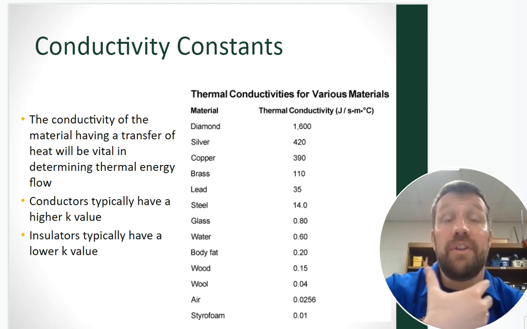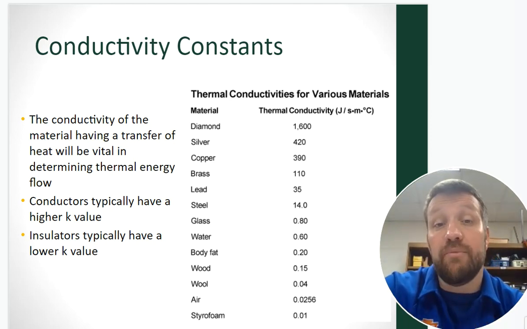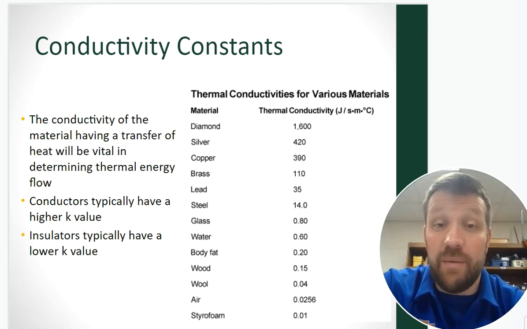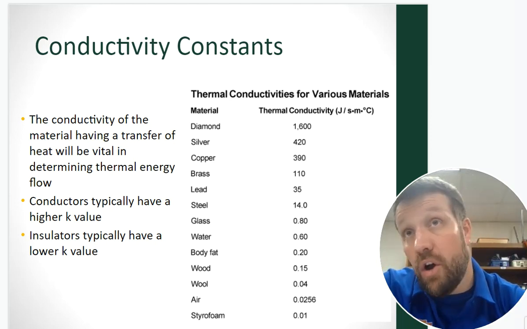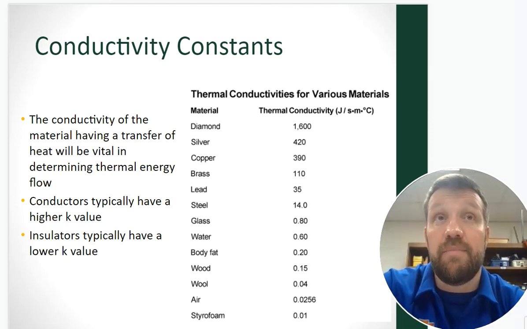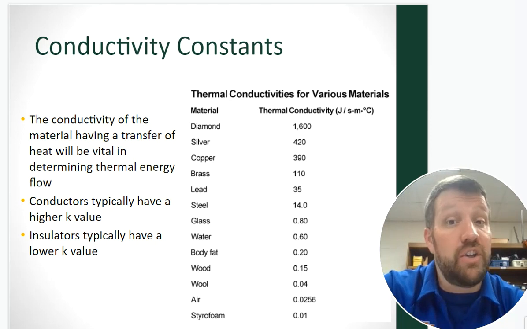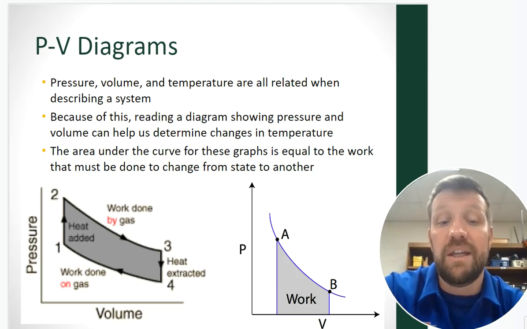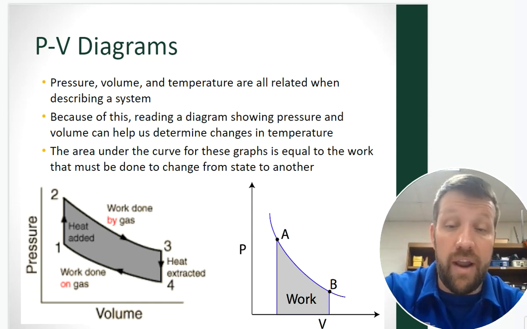Now, as these properties change and as we change energy and move energy through a system, we're going to want to look at how the properties of that system change, because we've already talked about how work is done on or by systems based on a change in pressure and a change in volume and those types of things. So we now need to talk about PV diagrams.